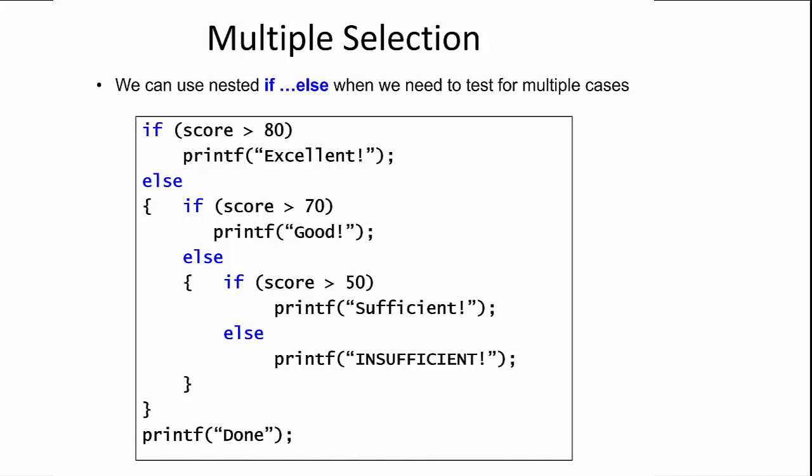So the point here is that even if this condition is written as score is larger than 70, in fact, there is a hidden or implicit condition here, which is you only come here on the else, which means you know for sure you are 80 or less. Because if you were larger than 80, you would never come to the else. So once you are here, in fact, you are below 80 or equal to 80, right? Then you are checking this.